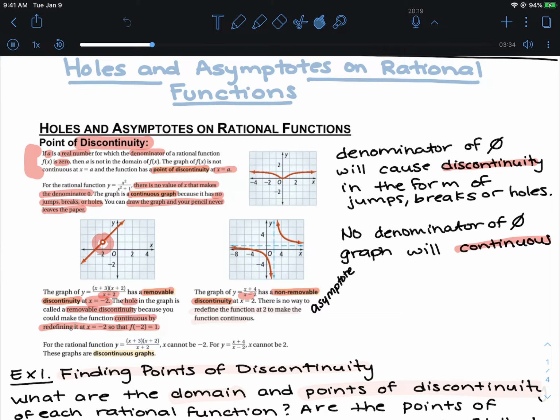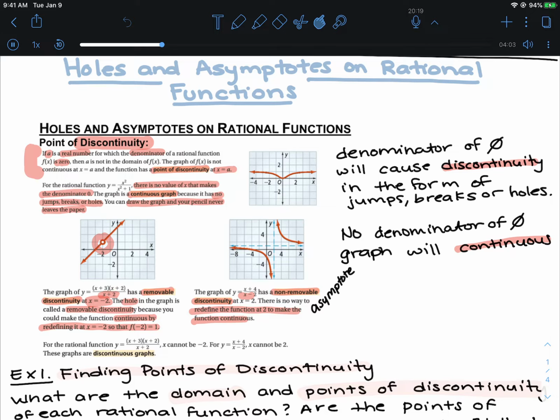So this would be a non-removable discontinuity at x equals 2, because there's no way you can redefine the function to make it continuous. It's always going to be discontinuous because it has an asymptote. These are the key vocabulary definitions that I am going to be using throughout today's lesson.